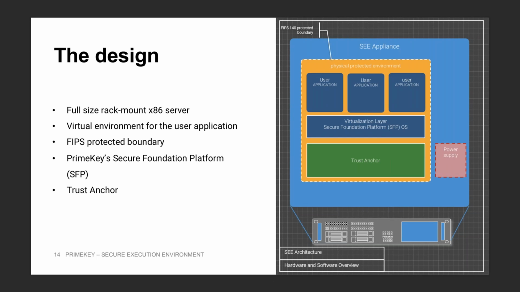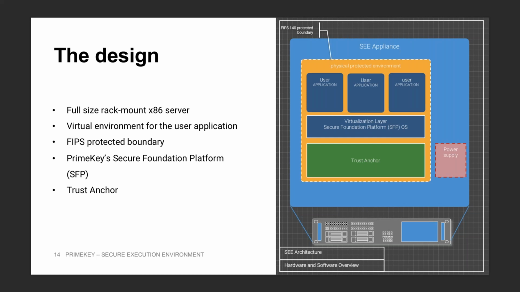To secure the integrity of the application, to secure the integrity of the operating system of the Secure Foundation Platform itself, and to secure the whole environment, we need what we call a trust anchor. Now, we don't talk about the trust anchor that maybe you know from the chip manufacturers, like a TPM or secure element.